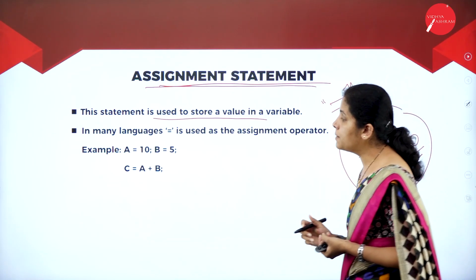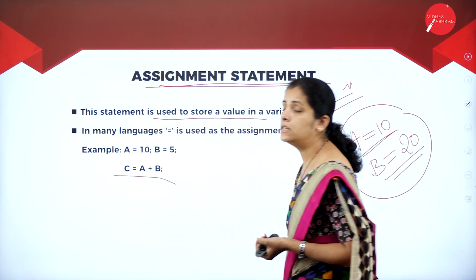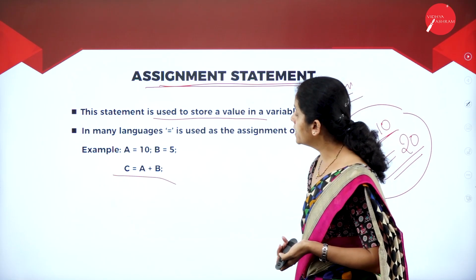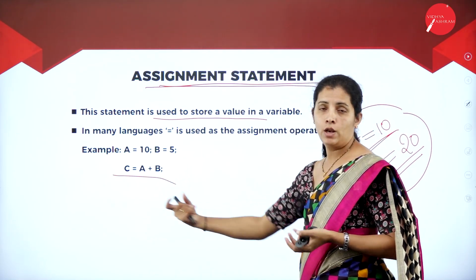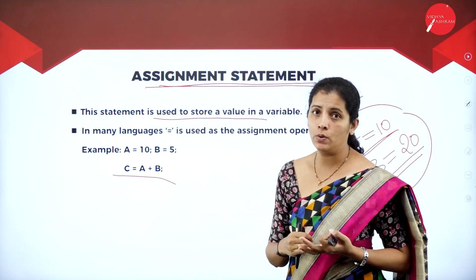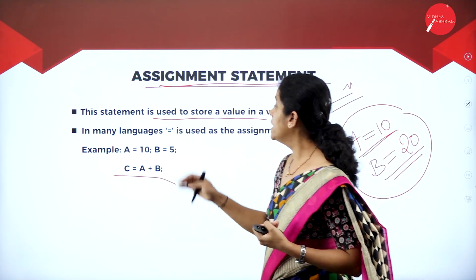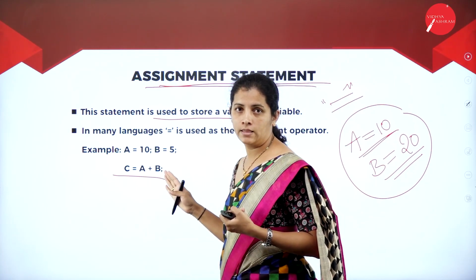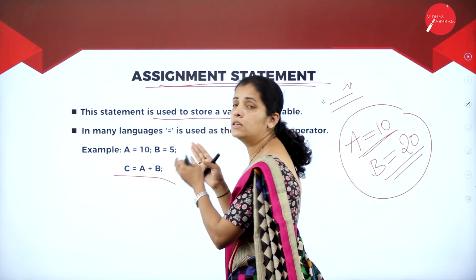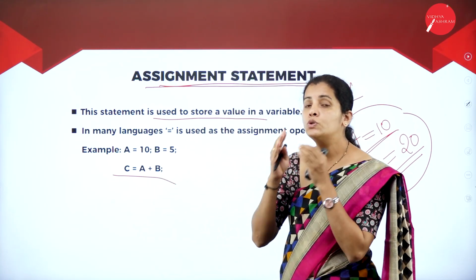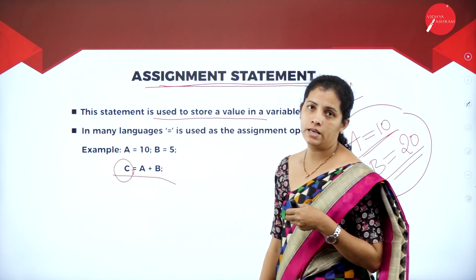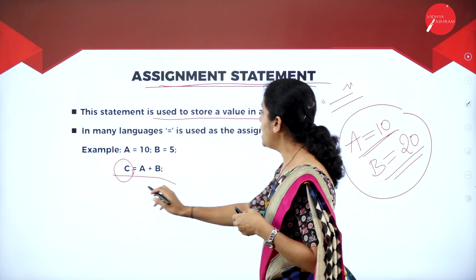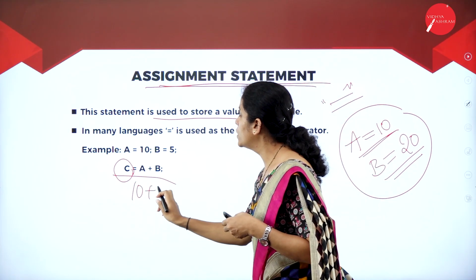And another example here, I have taken C equal to A plus B. That means now I have the A value and the B value. What will I do? I'm going to add A and B together, and whatever result I get, I'm going to store in my variable C. For example, I have 10 plus 20.